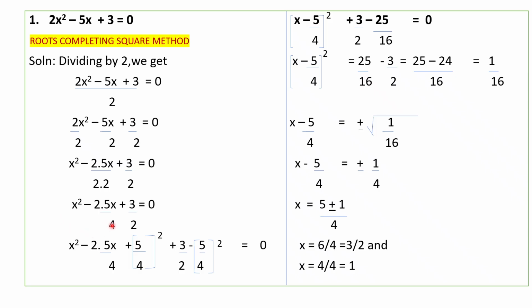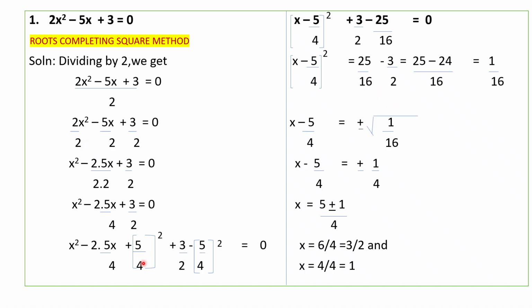One thing is missing: 5 upon 4 whole square is missing. So that we will add. So x square minus 2 into 5 upon 4 into x plus 5 upon 4 whole square we will add, and from this 3 by 2 we will subtract 5 by 4 whole square, so that this expression will remain the same. No changes.